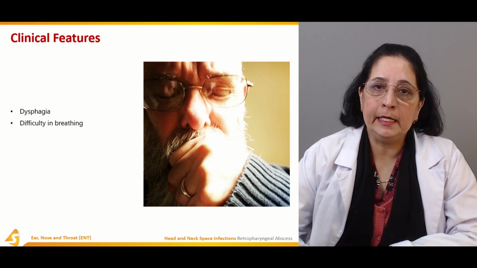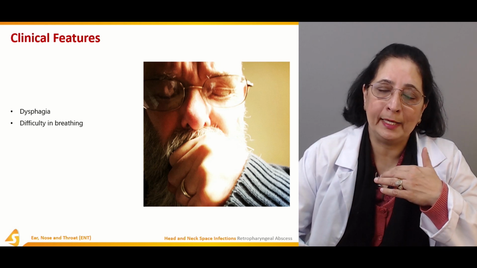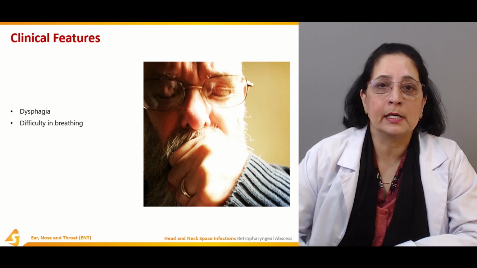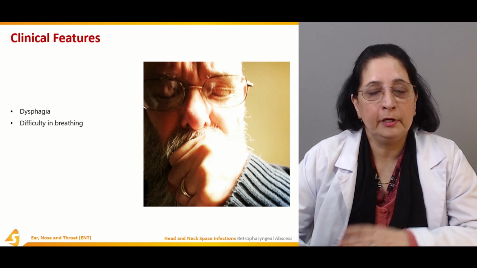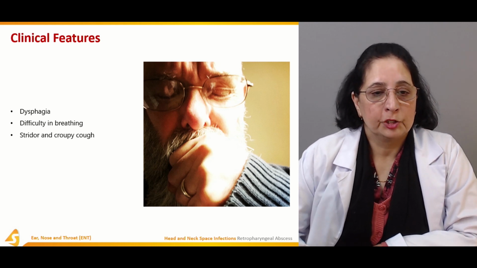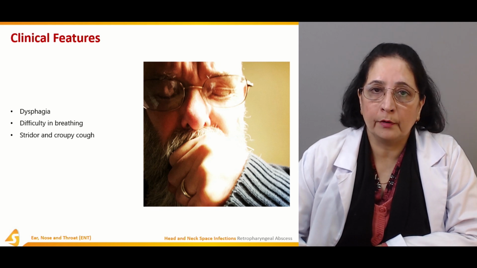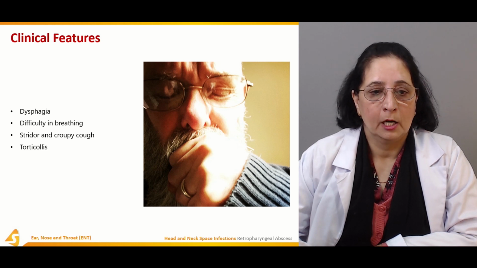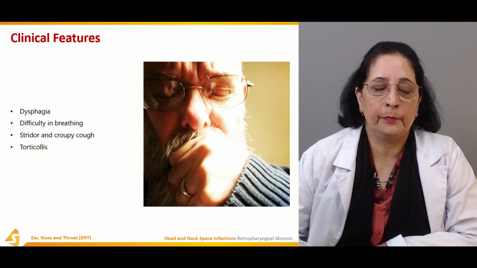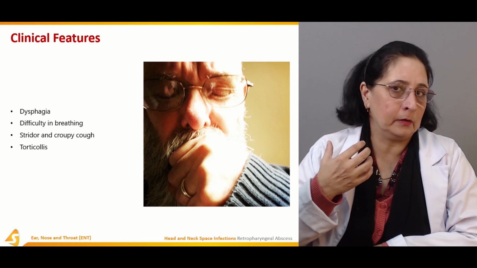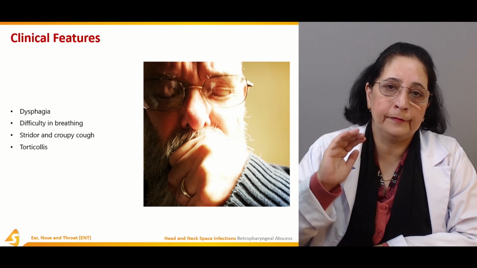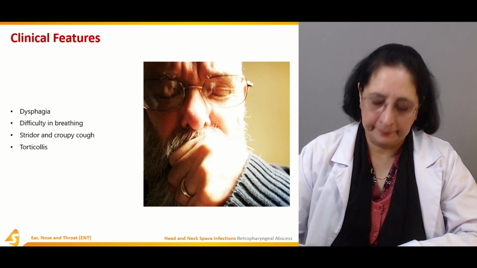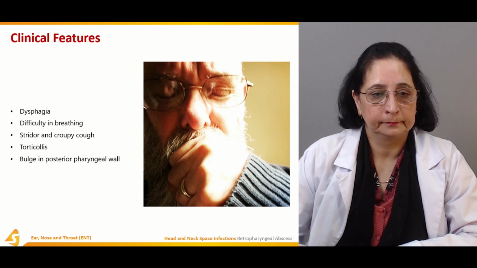There is difficulty in breathing because of the swelling or abscess formation, an obstruction in the respiratory tract. Stridor or croupy cough is present because of infection in the throat. Torticollis, a wry or stiff neck, is also present because of the infection in the posterior space of the neck, and there is difficulty in movement.